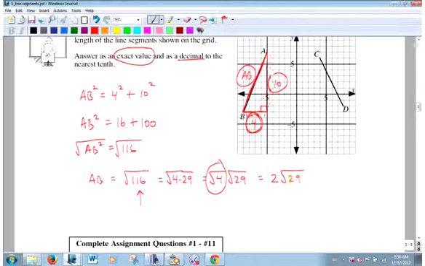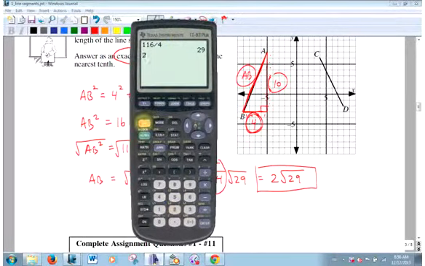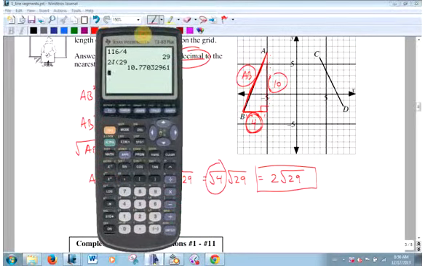And I know there's no more perfect squares than 29 because that's a prime number. That's it exactly as a simplified answer. Okay? That's how we want it from big kids. It actually asks for the decimal as well, so now I'm going to put that in. 2 root 29 and to the nearest tenth, that is 10.8.